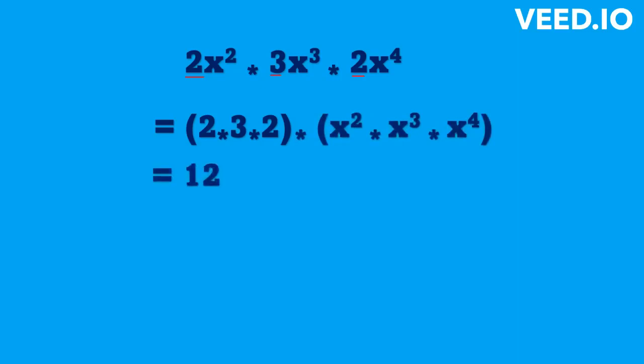Now 2 times 3 times 2 is 12, and we just put x to the power of, add all the exponents here, 2 plus 3 plus 4. That makes 9. So 12x power 9 is the final simplified version of this expression.